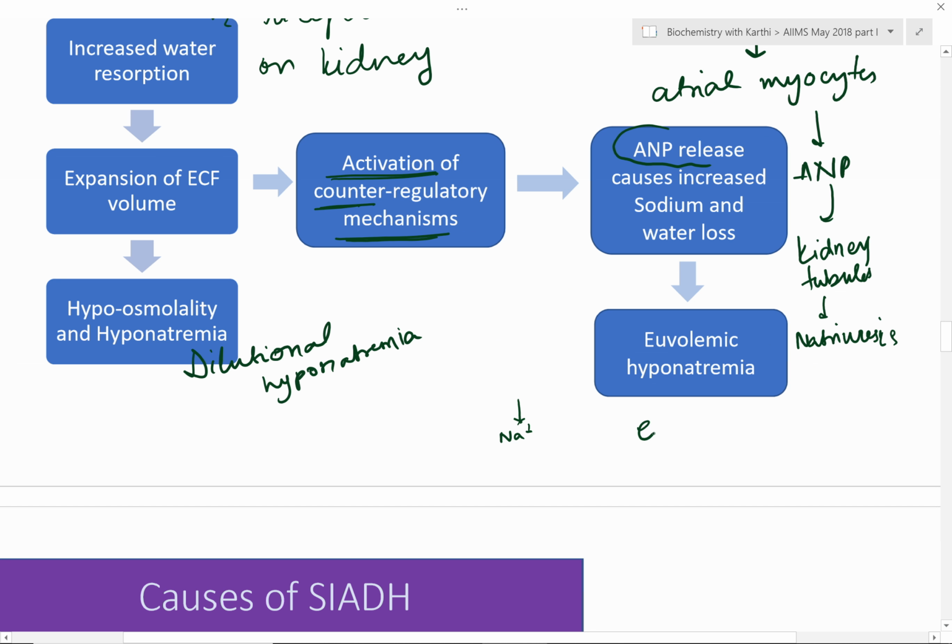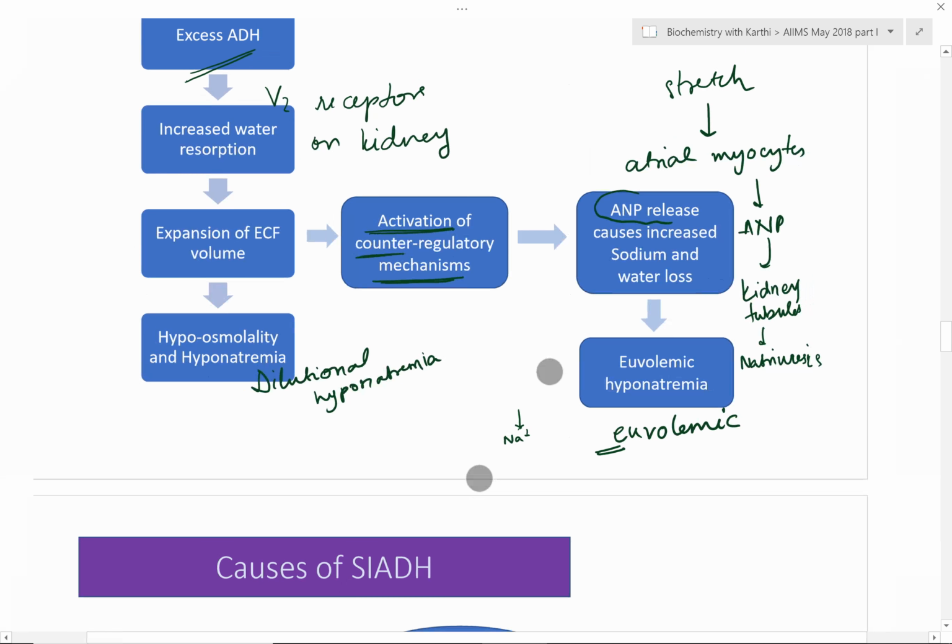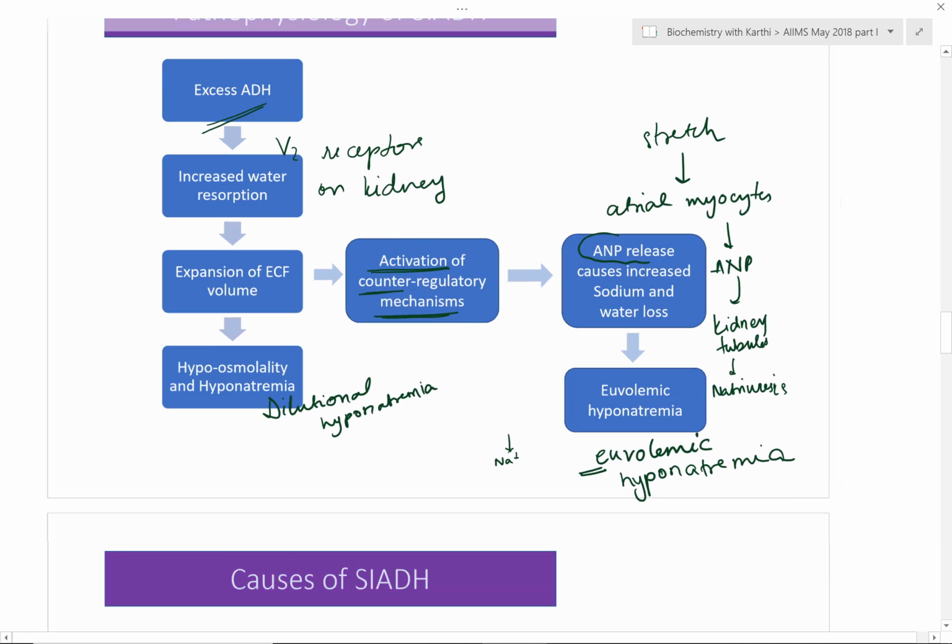So your blood volume is maintained. That's why it is euvolemic, because again the water is getting resorbed. And you're still losing sodium, so it is euvolemic hyponatremia.